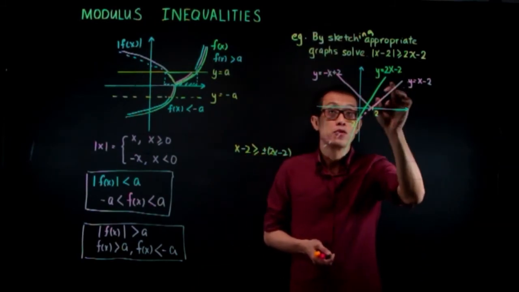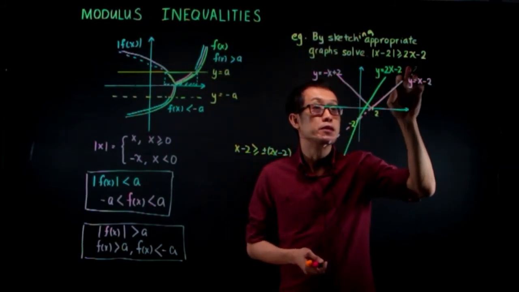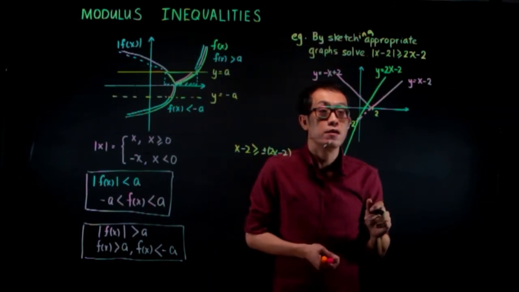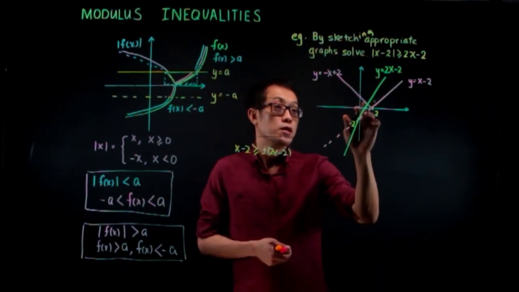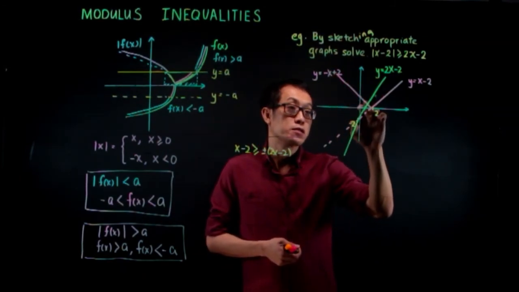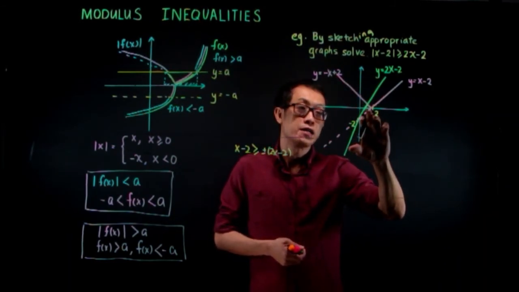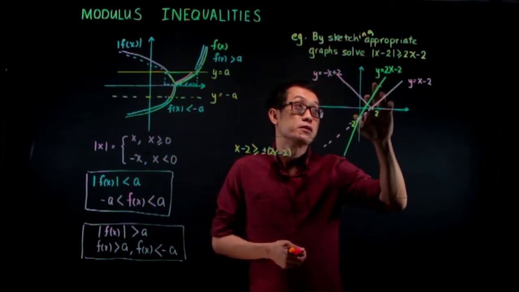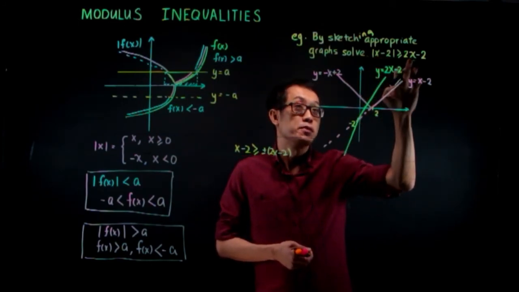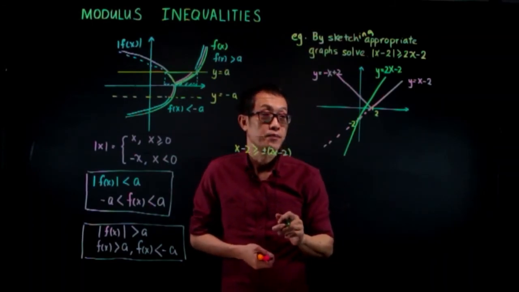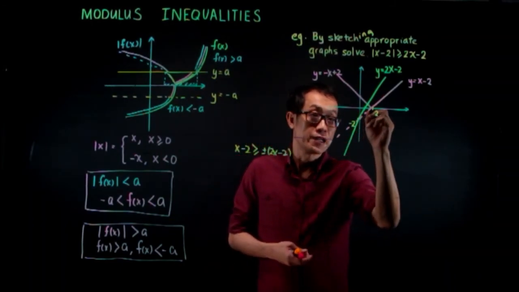Now if you look at it, you want this modulus graph to be greater than this graph. So this is the part that you want, because this part of the pink graph is above this part of the green graph. You want this part to be greater than this. So what are the values of x that you want?